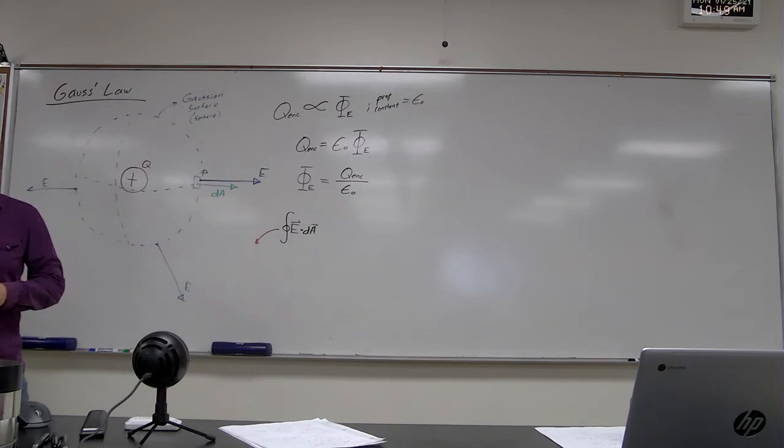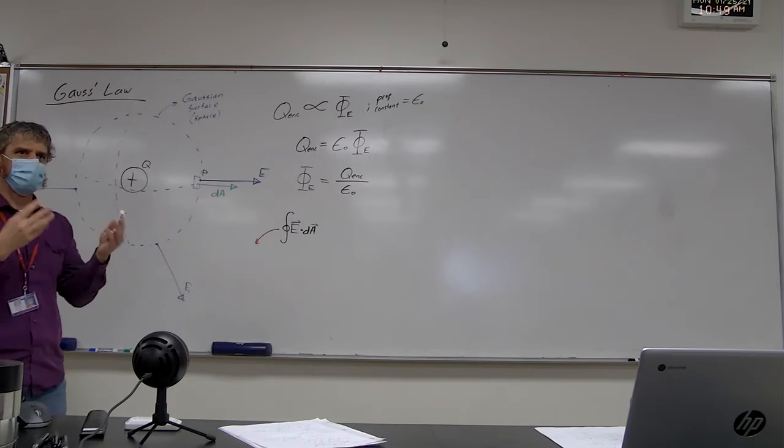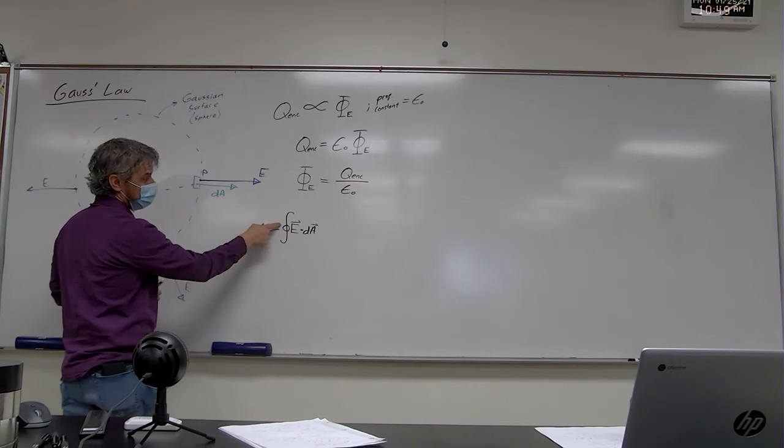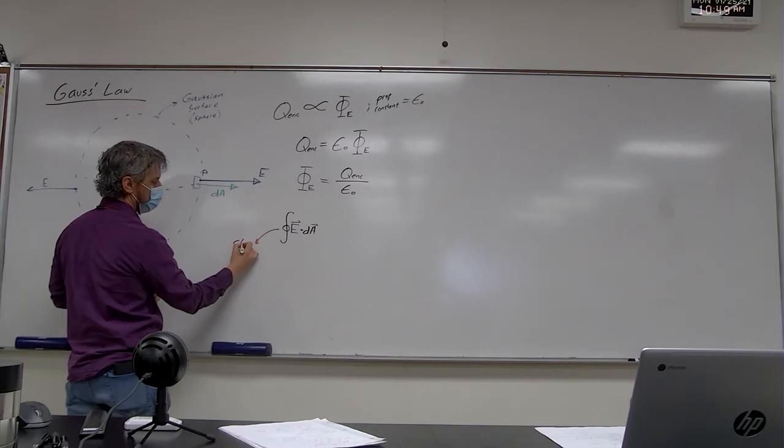As you'll see, it could either mean a closed surface or a closed loop. When we get to magnetism, when we start talking about Ampere's law, a similar integral will not involve a closed surface. It'll incorporate a closed loop. But for right now, that little circle there stands for closed surface.